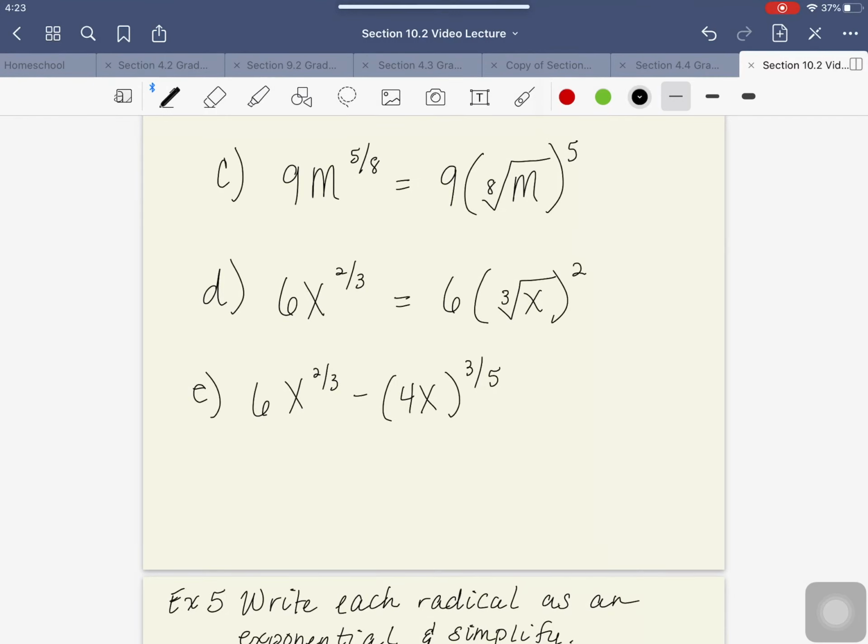All right, so here we have subtraction of two rational exponents. With the first one, the 2/3 only applies to the x. The other one, the 3/5, applies to the whole quantity. So I can write this as 6 times the cube root of x, and that is squared, minus the 5th root of 4x, and then that will be cubed.